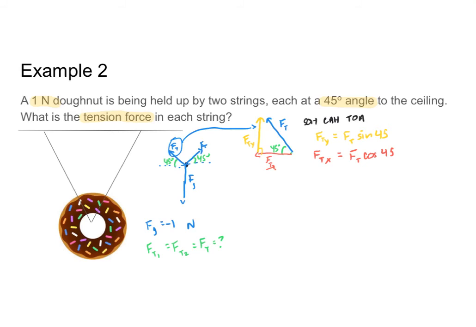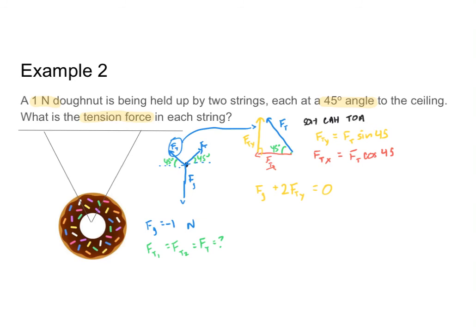Okay, so let's go ahead and look at the y direction. So I know that in the y direction, I have the force of gravity acting on my object, and I have two tension forces acting on my object, but just the y components of them. And those are going to be equal to a total force of 0 newtons.